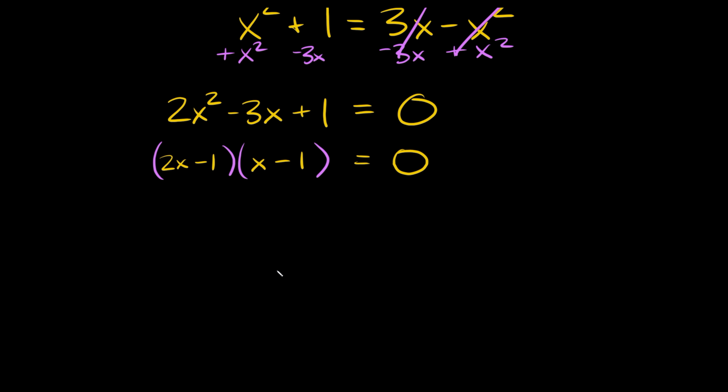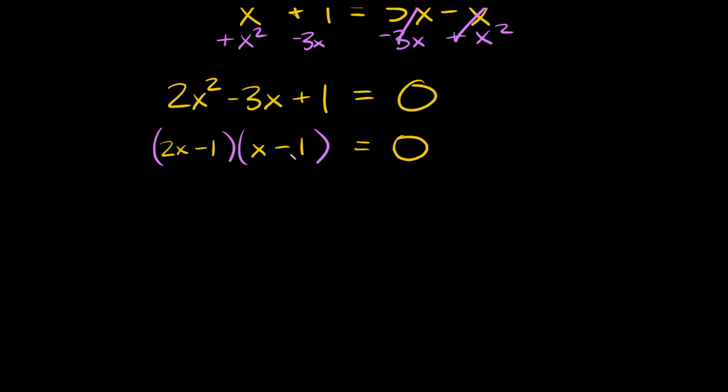Let me scroll down a little bit. In order to solve for x, we just have to set each of our factors equal to 0. So this first factor is 2x minus 1, so we'll set that equal to 0. And our other one, x minus 1, is also equal to 0. Solving for x on this side, we can add 1 to both sides.